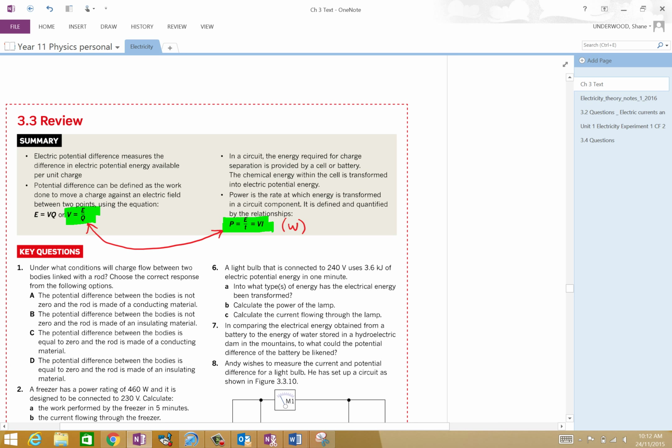What is a watt, though? Energy is in joules, and time is in seconds. So 1 joule per second is a watt, which we can represent like so.